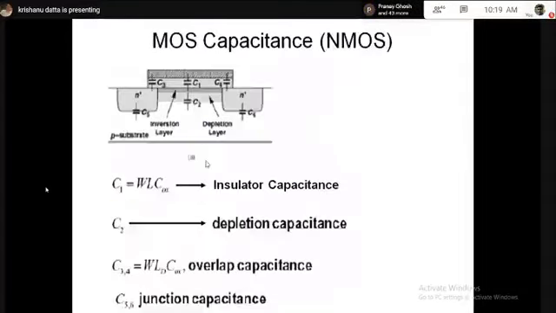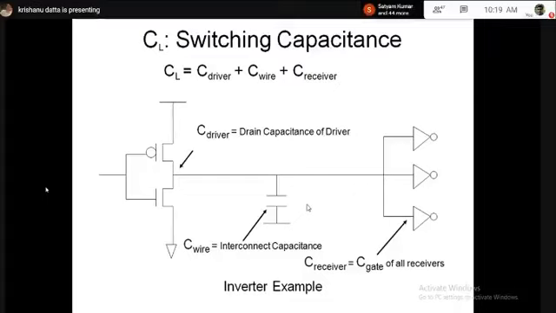Now what remains is the wire. Every wire is nothing but a metal connection, which in reality comes from metallization, maybe aluminum, maybe copper, and there is always insulator surrounding the wire. So that always gives a capacitance. That is why there is a capacitive component from the wire, C wire.